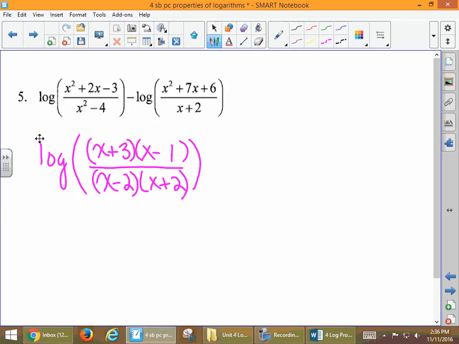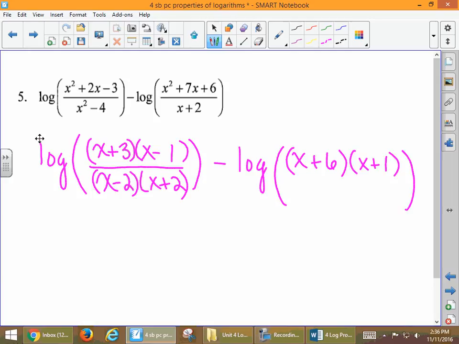And we factor there. Over here, it's minus log, factoring the numerator. We have x plus 6 times x plus 1. And we didn't have to factor anything in that denominator.